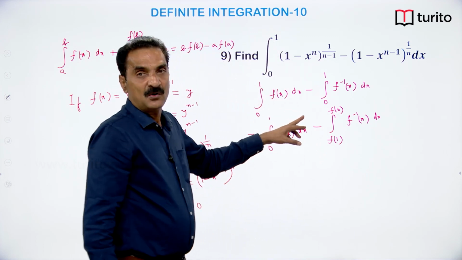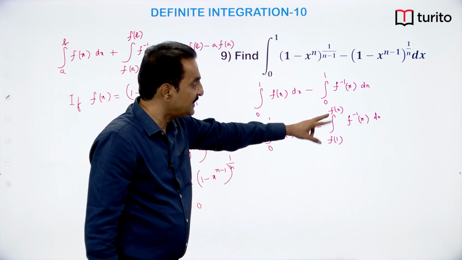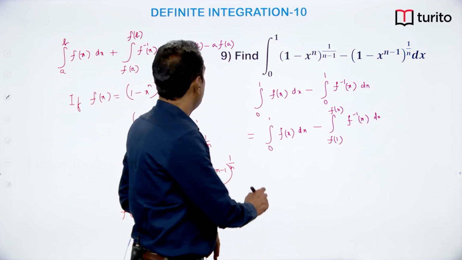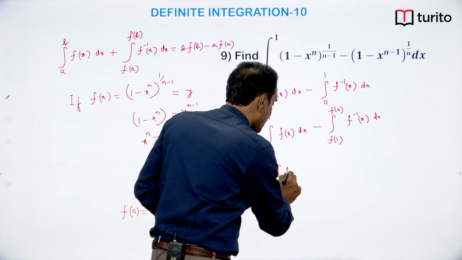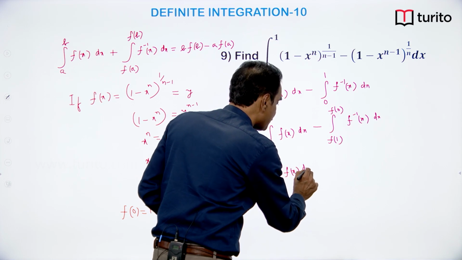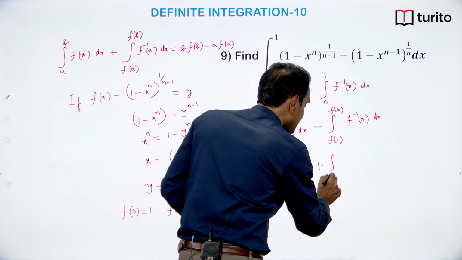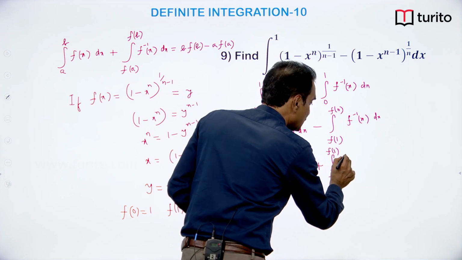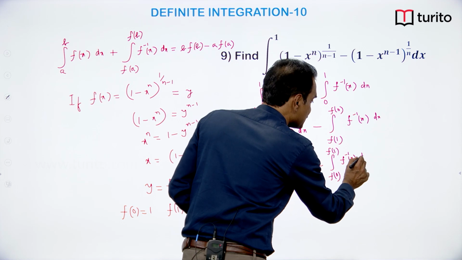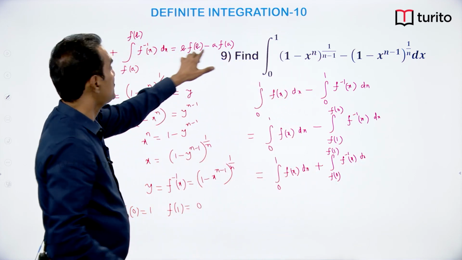Now, you can change this sign by interchanging the limits. You will get integral 0 to 1 f of x dx plus integral f of 0 to f of 1 f inverse x dx. It is exactly in this form.